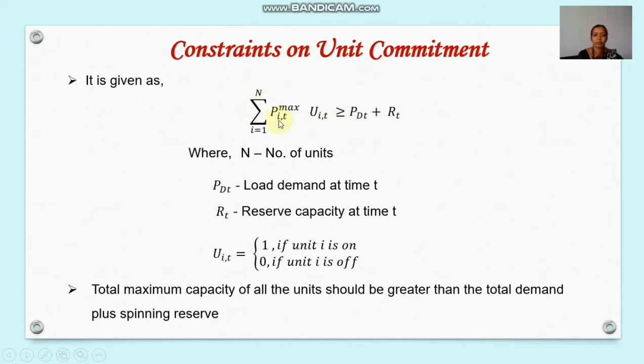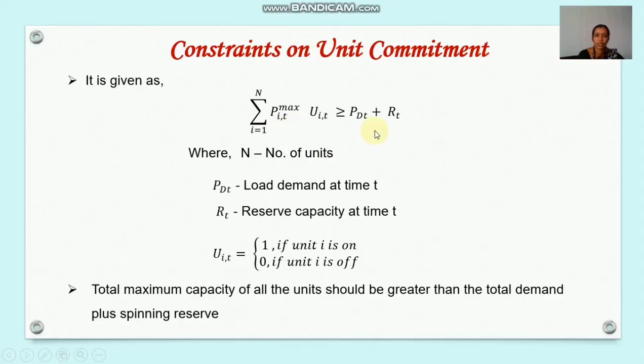So that is what is meant by this constraint. So total maximum capacity of all the units should be greater than the total demand plus spinning reserve. So the constraint is very easy, so don't ignore it. It's very easy to write.